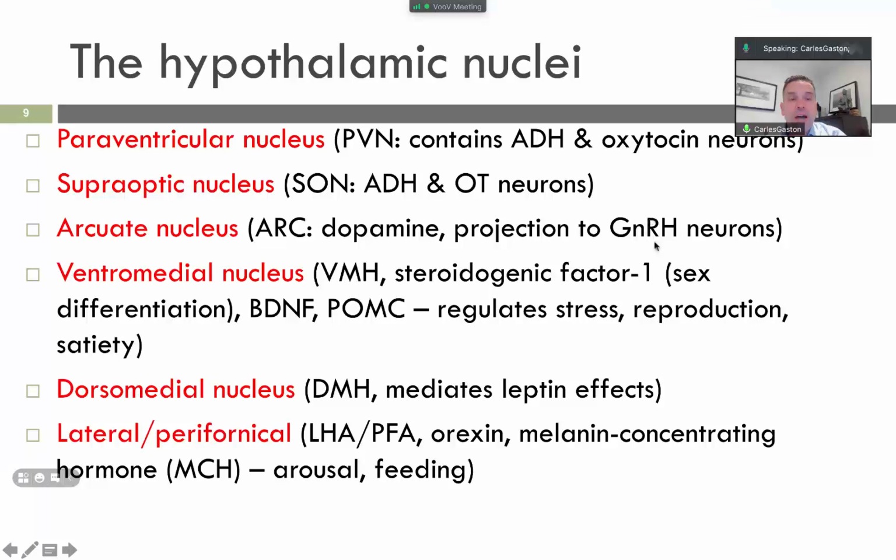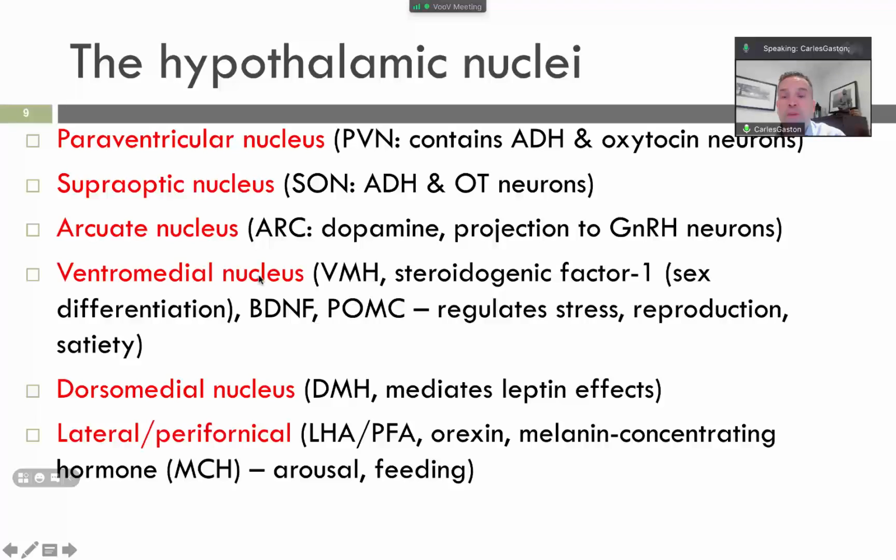These neurons, as we studied today in the lecture, are not born in the hypothalamus, but are born in the nasal placode and travel from the nasal placode all the way to the hypothalamus.